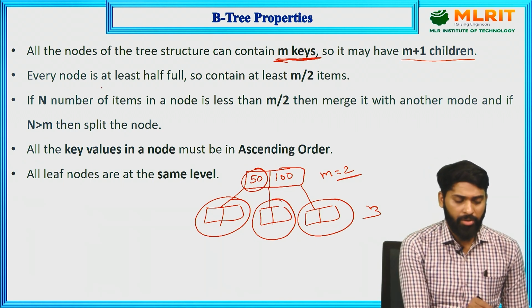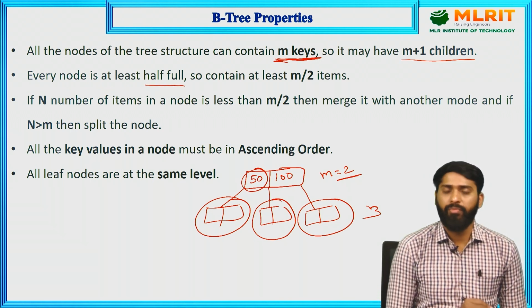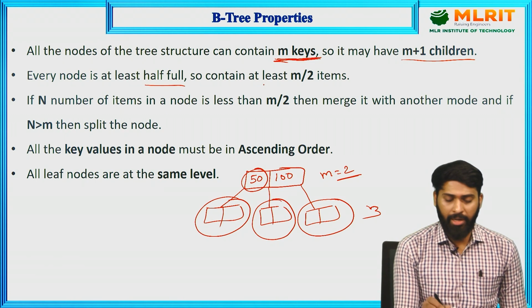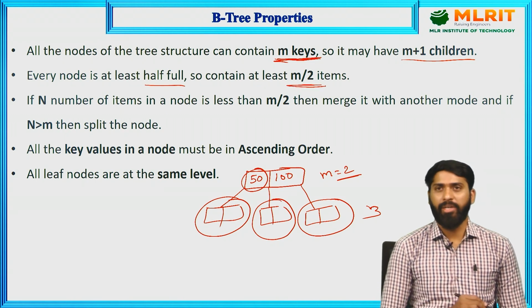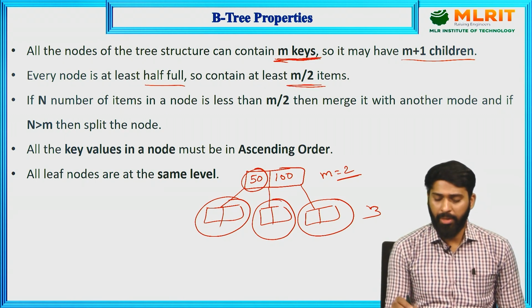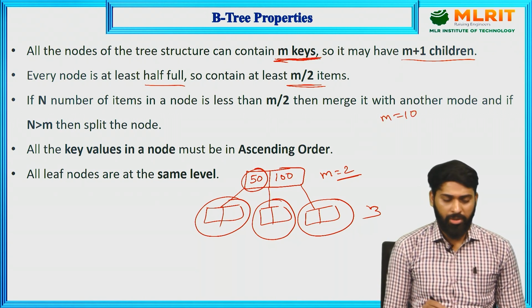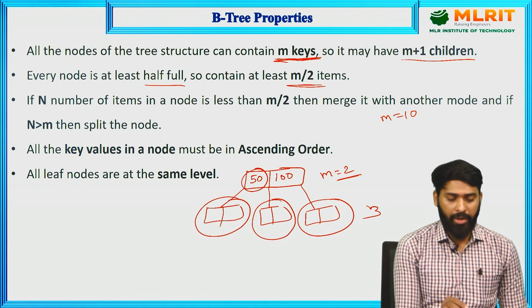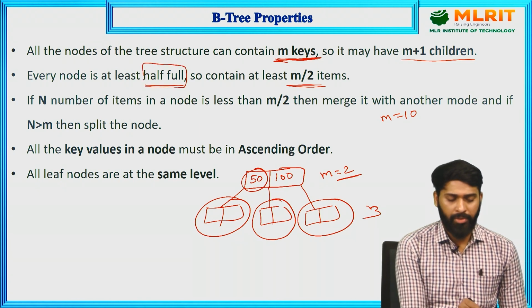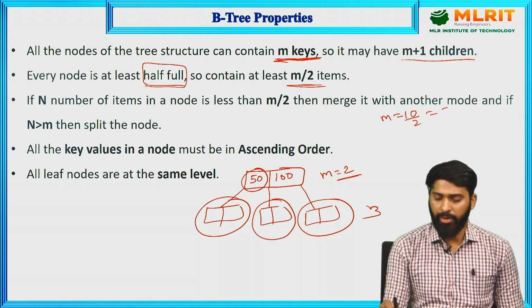Every node is at least half full, so it contains at least m by 2 items. For example, m equals 10. So each node is at least half full. Half means 10 by 2, which is 5.